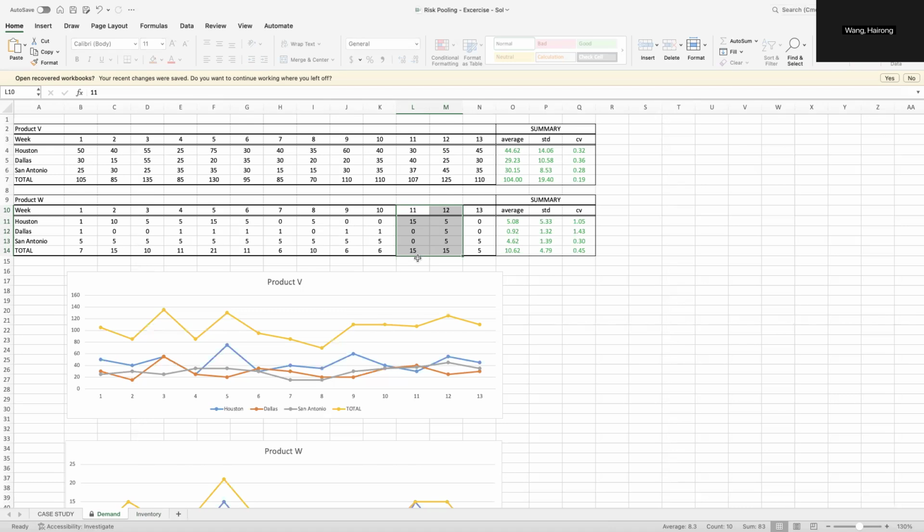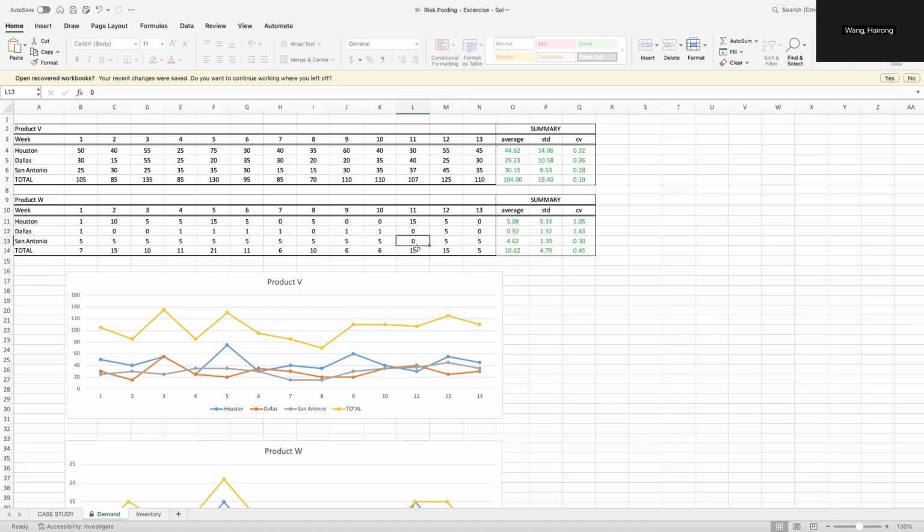For Houston, the demand decreased from 15 to 5. And then Dallas, the demand increased from 0 to 5, and the same for San Antonio, the demand also increased from 0 to 5.